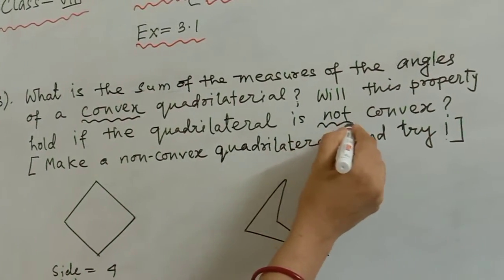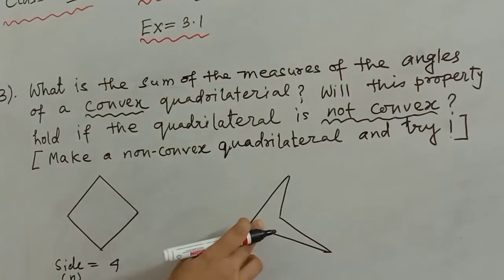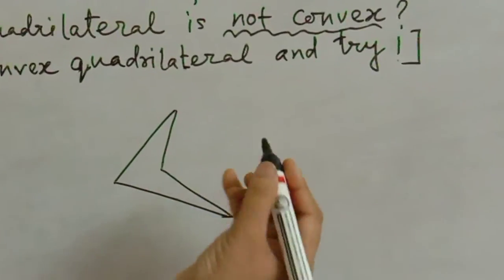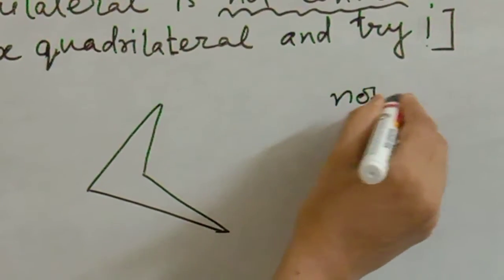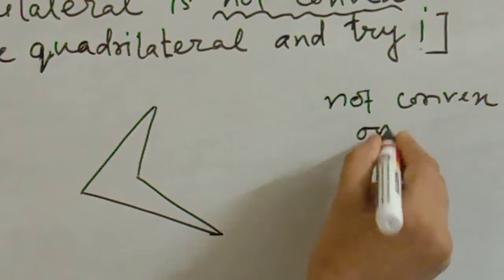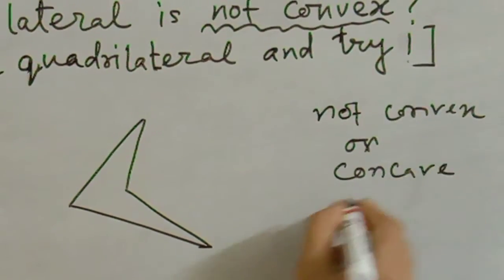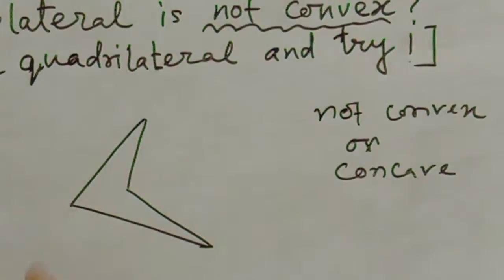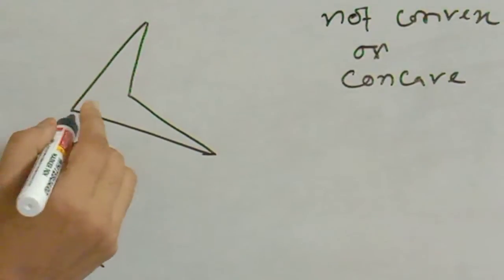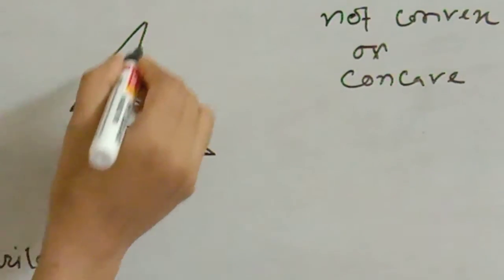convex? If the quadrilateral is not convex, look at this figure. It is not convex, or we can say that it is a concave quadrilateral. In a concave quadrilateral, one angle is such that the diagonals are not all inside.